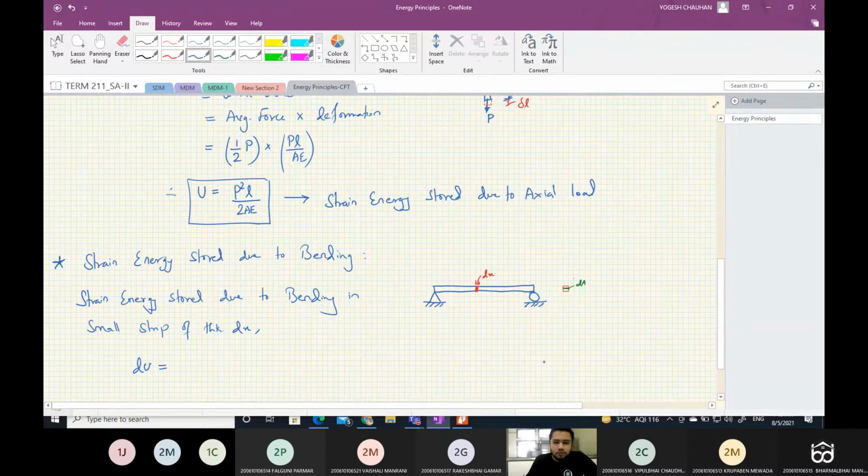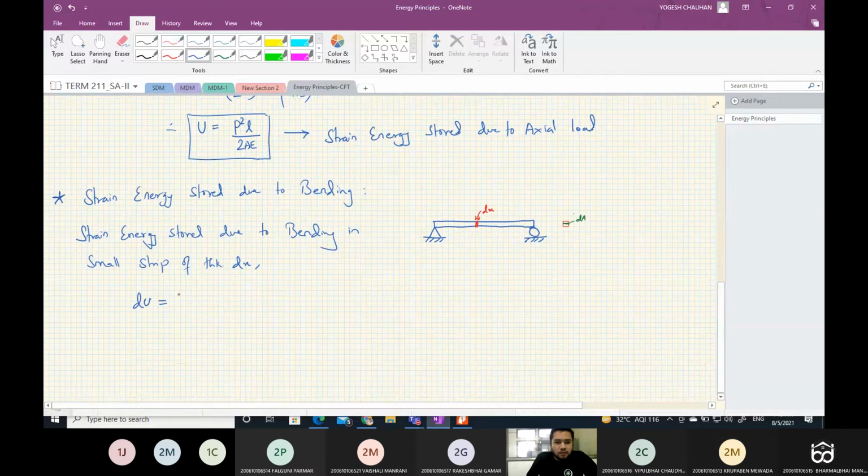So this will be equal to average force multiplied by deformation. Average force here will be 1 by 2. Okay.